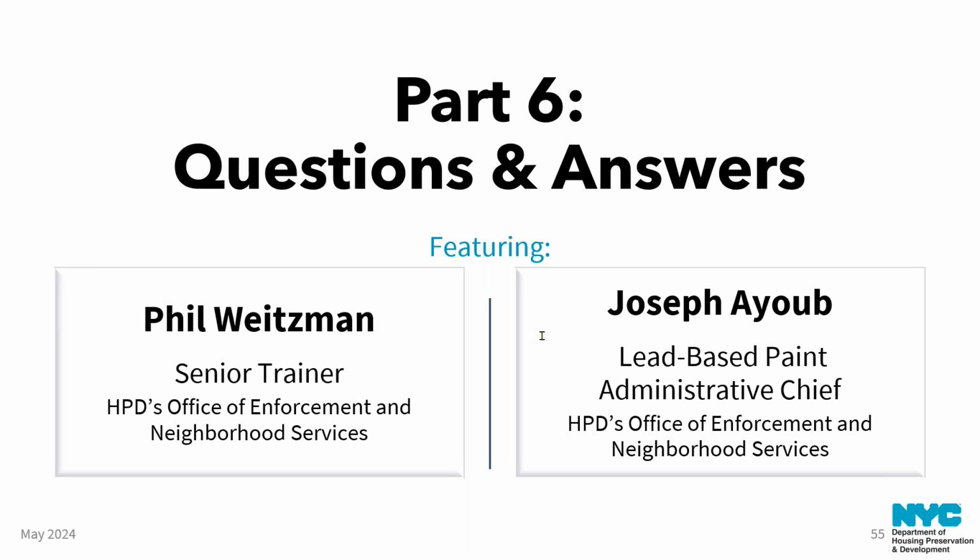But for door and window friction surfaces, there are additional requirements to abate at the time of turnover and, coming soon, simply if there's a child under 6. Especially when it comes to door and window friction surfaces, we do encourage you to abate, but it may not be required. You're going to want to take a look at the law, and it could be that you have options. It could be that you choose to remediate and just make the paint safe, or choose to abate based on what makes the most sense in your building.